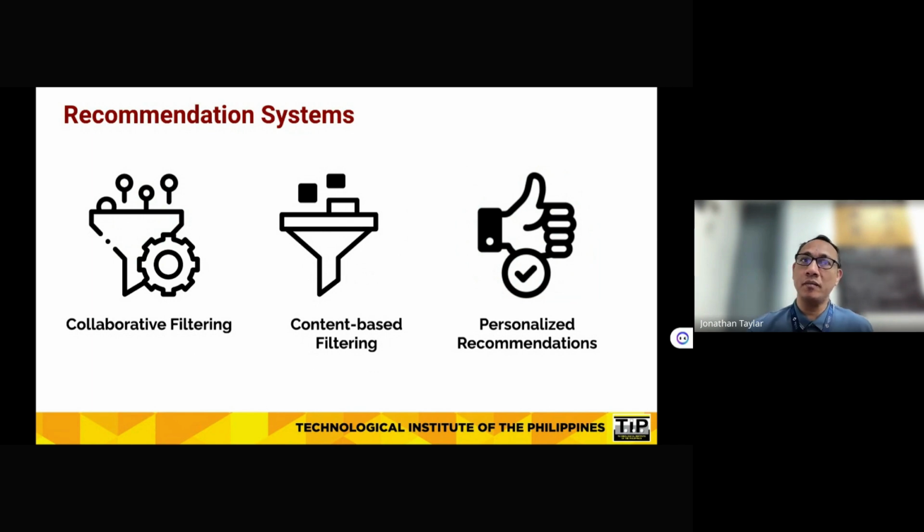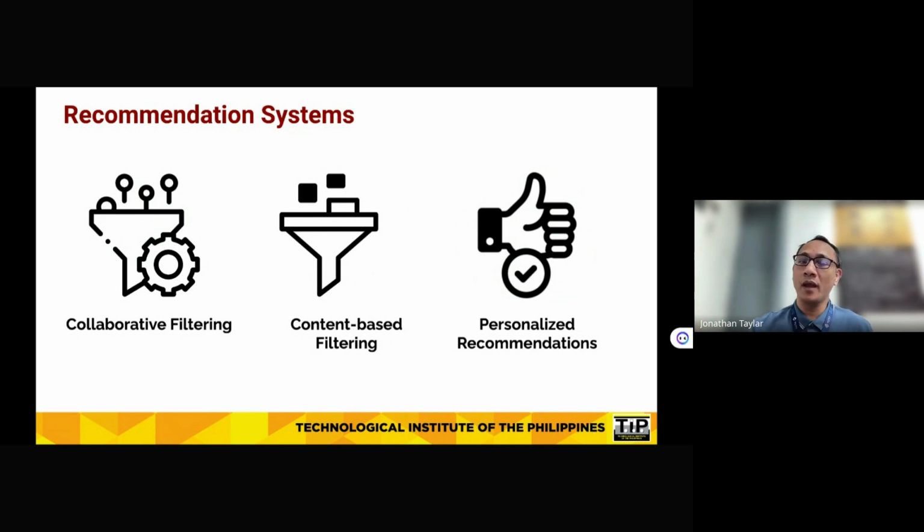Another one is content-based filtering, which allows us to recommend items based on the characteristics or attributes of the items themselves. It analyzes item features, for example, text descriptions, metadata, or features extracted from content to make recommendations. When you buy this product, what are the usual things that other customers buy with the same characteristics?